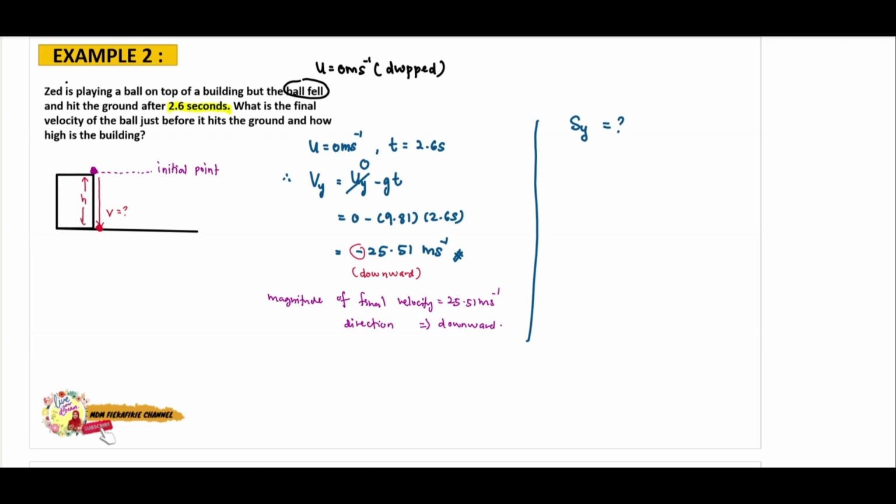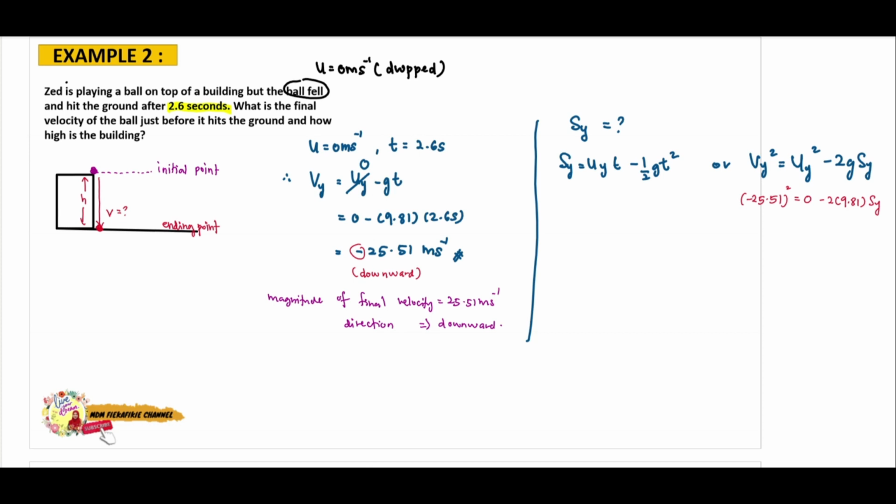We already have Vy and Uy. Actually you can use this formula too, since we have the time already, 2.6 seconds: Sy equals Uy t minus half g t squared, or you can use this equation, Vy squared equals Uy squared minus 2g Sy. Either one is fine because we have t, Sy and Vy. If I use the second formula it is easier, as it does not involve fractions. So I just put in negative 25.51 squared equals 0 minus 2 times 9.81 times Sy.